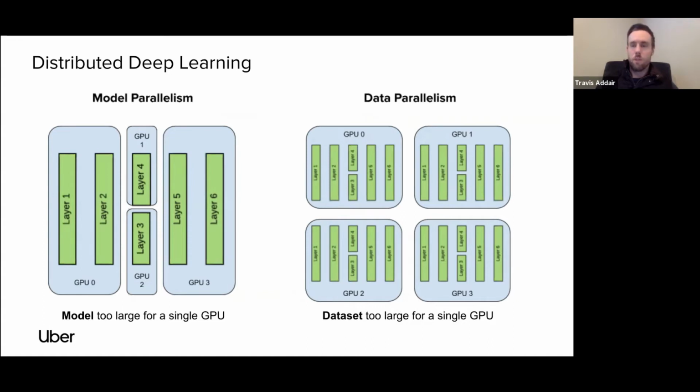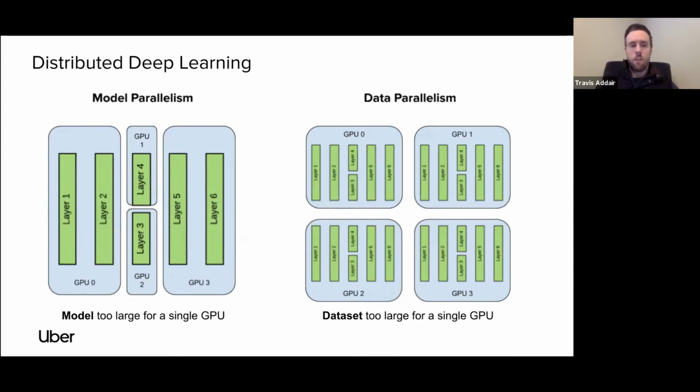The first is model parallelism, where you have the different layers of your network distributed across different devices. And the second is data parallelism, where you have the same model on every one of the GPUs, for example, but they're each processing a separate piece of the data, so a separate portion of the mini batch.